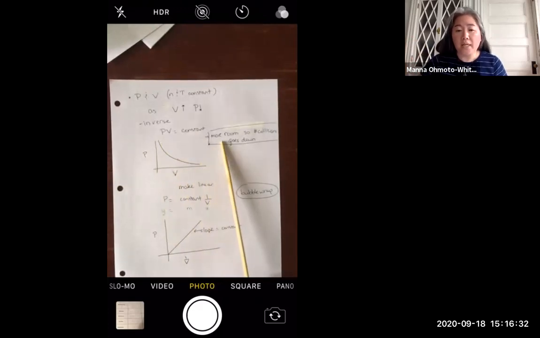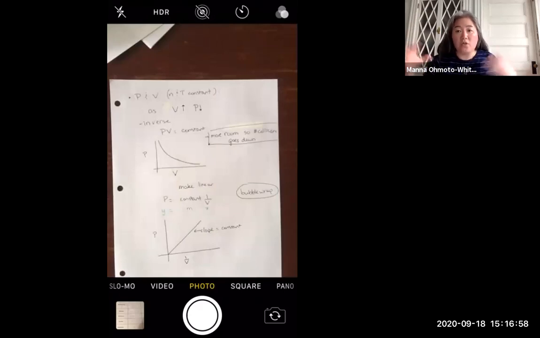So the reason why this happens, kinetic molecular theory wise, is that if I increase the room that the gas has to move around in, and remember that gases always take the entire volume of the container given to them, the number of collisions against the side of the container goes down. Imagine little toddlers running around in a room. If they're in a small bouncy castle, they're hitting the sides of the bouncy castle all the time.